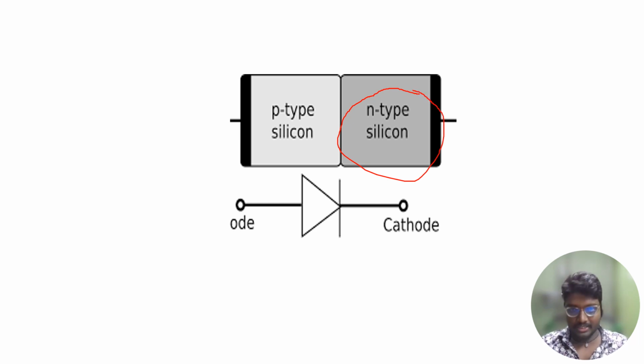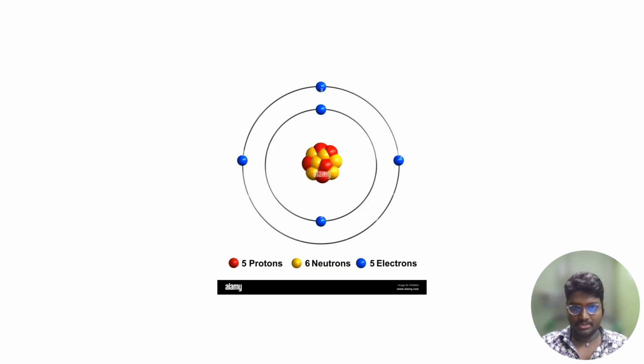N-type material. Okay. So if you want to create a P-type material, we should dope the silicon with boron. You are seeing here the boron, whose outermost orbit has only 3 electrons. So these three electrons are combined with the silicon.